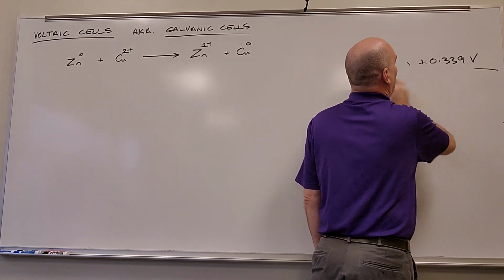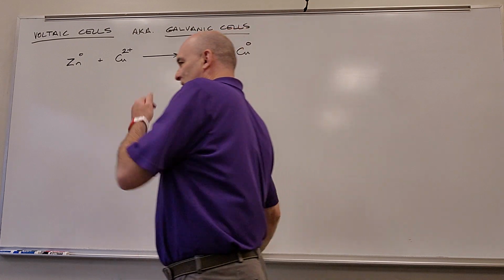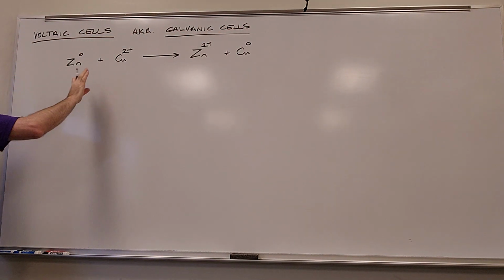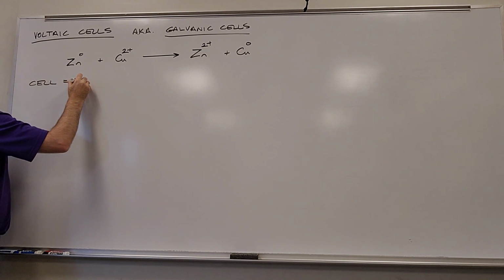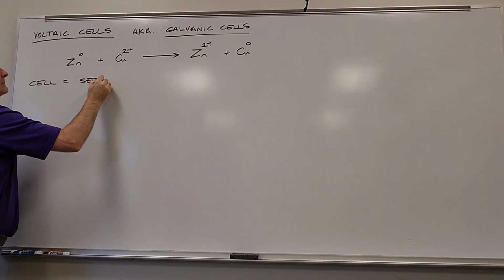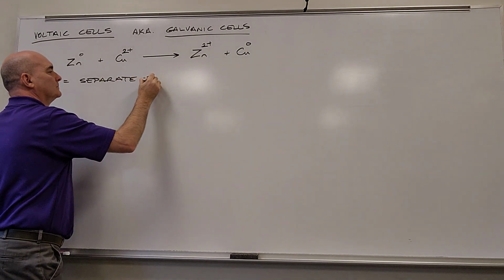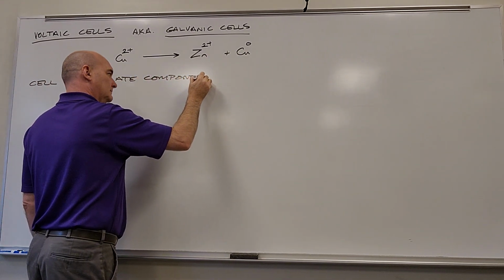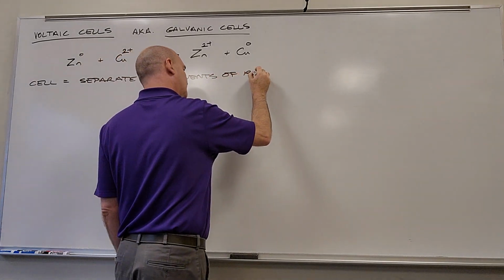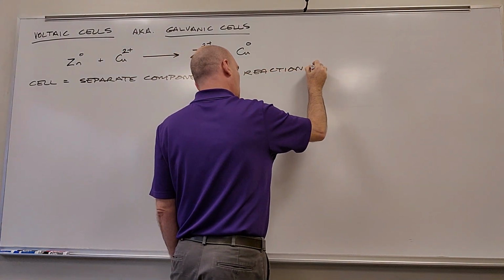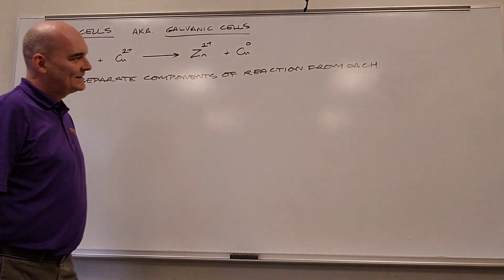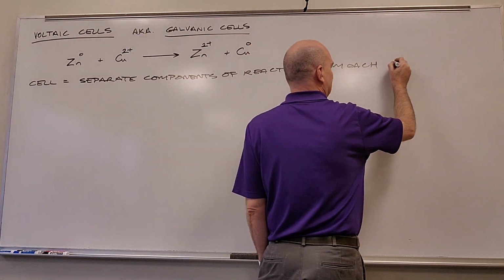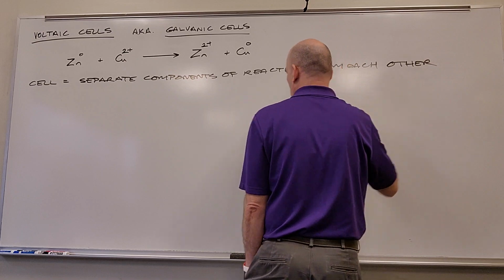So we are going to do this reaction, but we're going to separate the components of the reaction from each other, so that they're not all in the same container, like you did this morning.